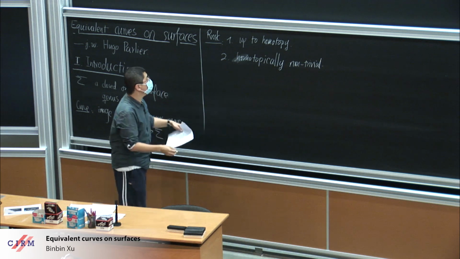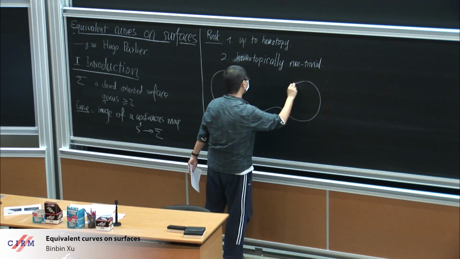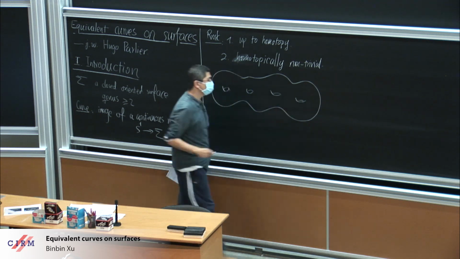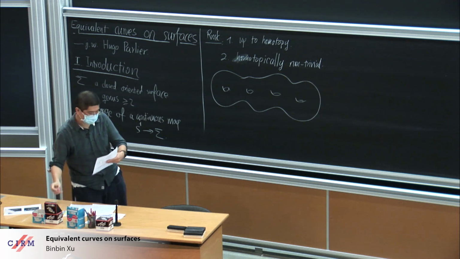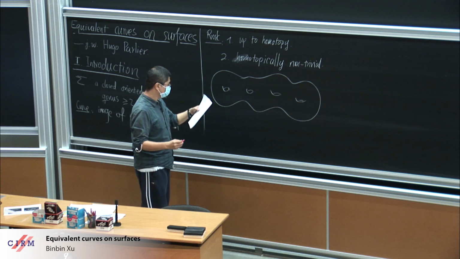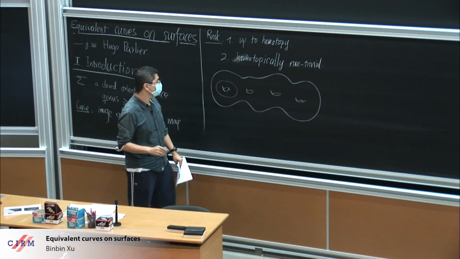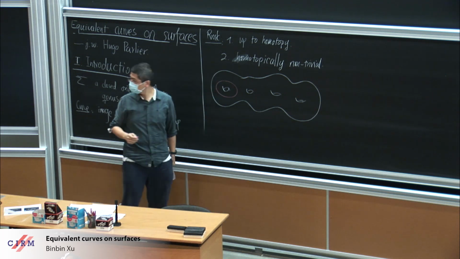So let me start by drawing some picture. This is the genus 4 surface. A curve, you can simply think of this as a curve, and there's no intersection.